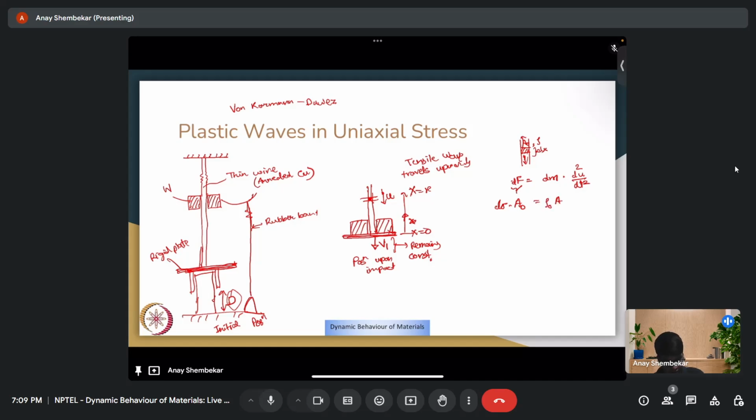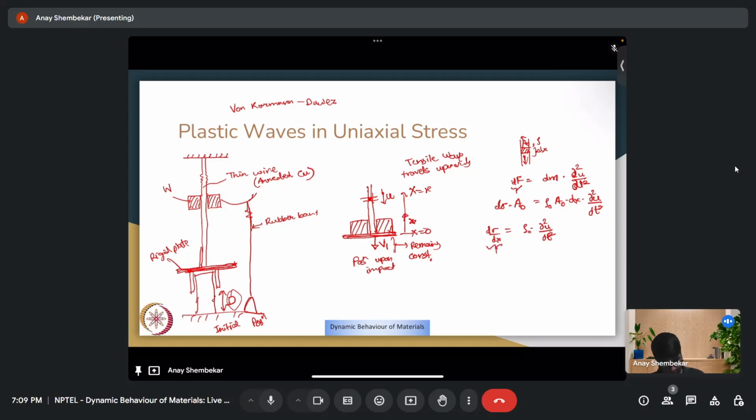So ρ naught A naught dx ∂²u/∂t². This should be a partial derivative. So a small particle mass being accelerated due to imbalance of contact forces, which is basically the stress. And from this we get the equation ∂σ/∂x is ρ naught ∂²u/∂t².